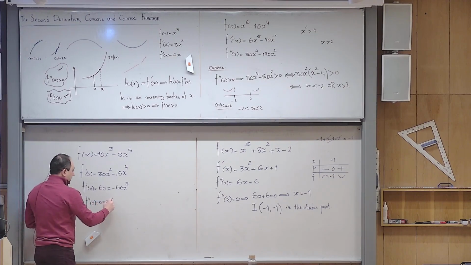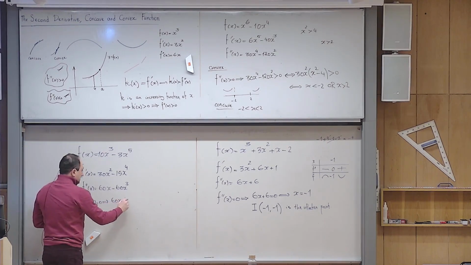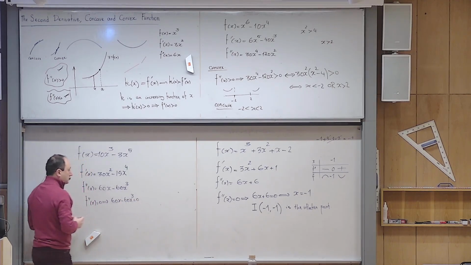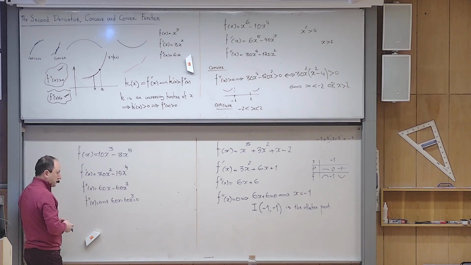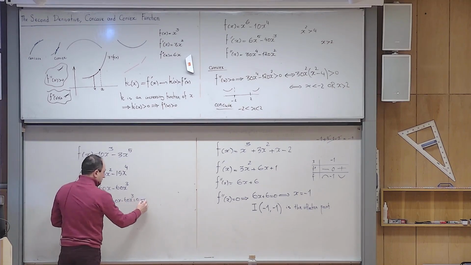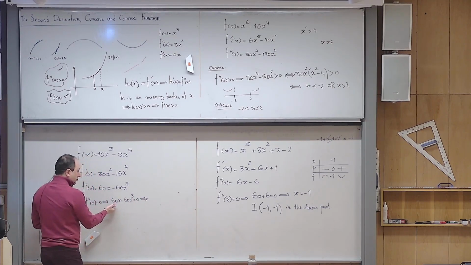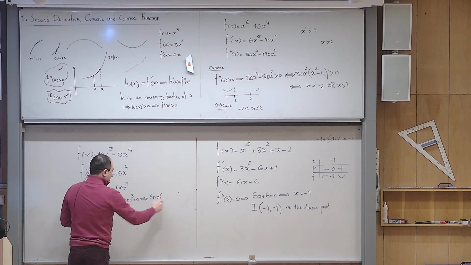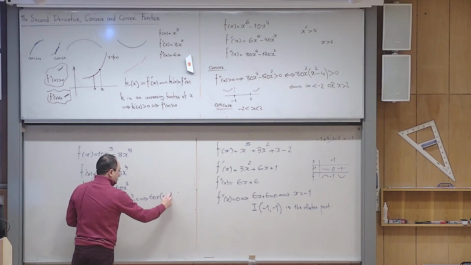This means that I get 60x minus 60x cubed equals 0, but you know that for the third degree polynomial, if I succeed to solve it, I have to factorize it. But the factorization is extremely simple. I can factor 60 and x out. This becomes 60x times what is left from here, 1, and what is left from here, minus x squared.